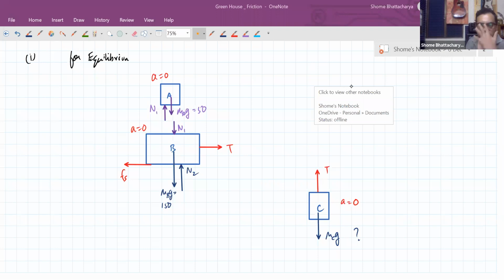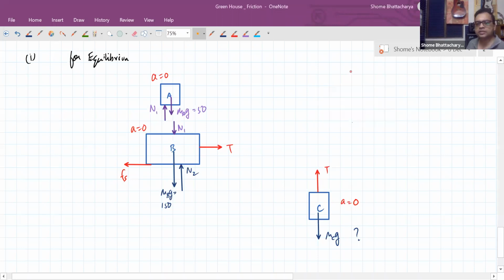Okay, so now you can see that the friction acting on B is acting between the ground and this block. So the important normal reaction will be N2. The important thing to understand here is that the friction's maximum value will be mu into N2, because N2 is the normal reaction at the ground. Now starting with this, N1 is equal to weight of A, so that is 50 newtons.